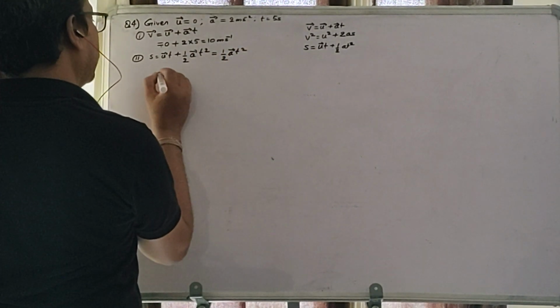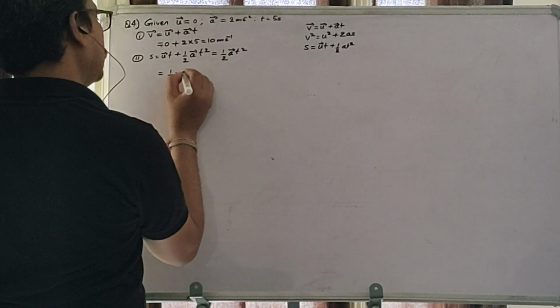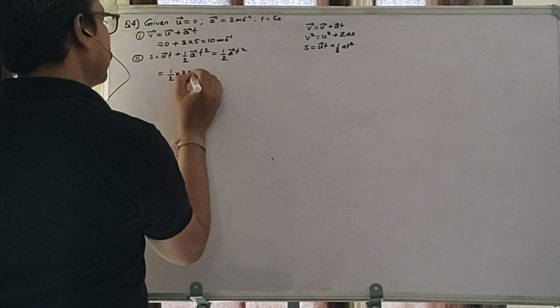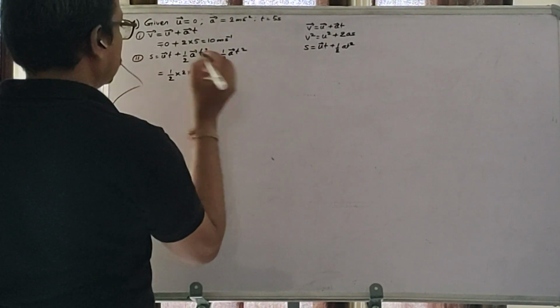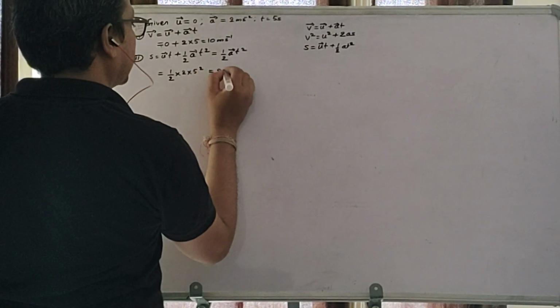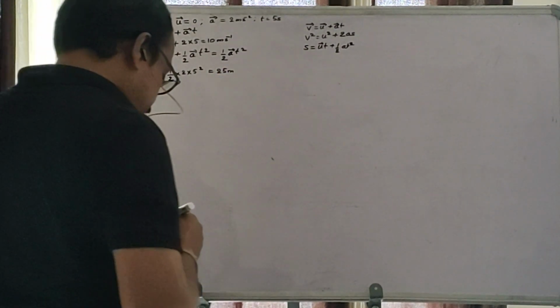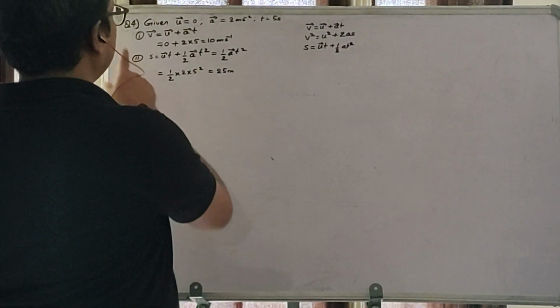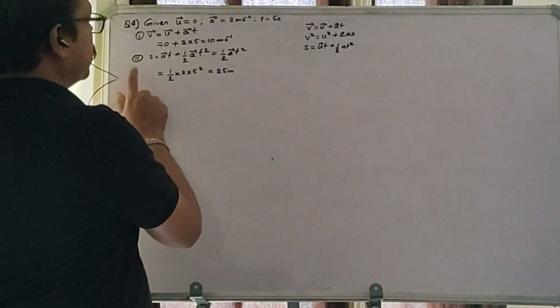Let us put the value of a. Half, what is the value of a? a is 2, t square is 5 square. So 2 cancels, so it will be 25 meter. So here we have calculated the final velocity, and in part B we were supposed to find out the distance traveled.